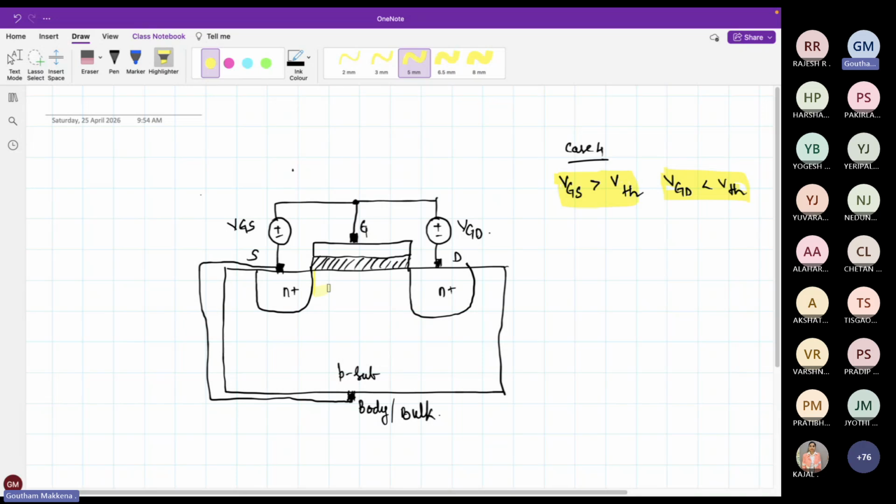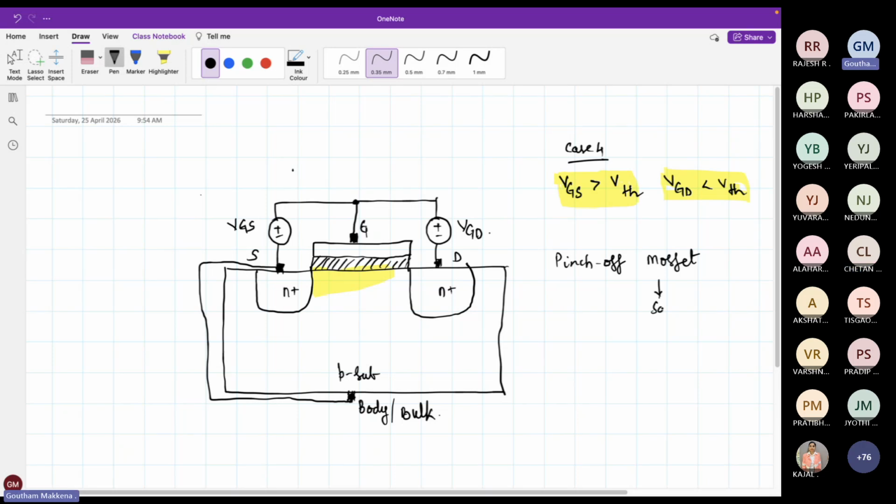So what is this condition called? Your channel actually stops over here. There is no inversion occurring on the drain side. This condition is called pinch off. And the MOSFET is in which region?